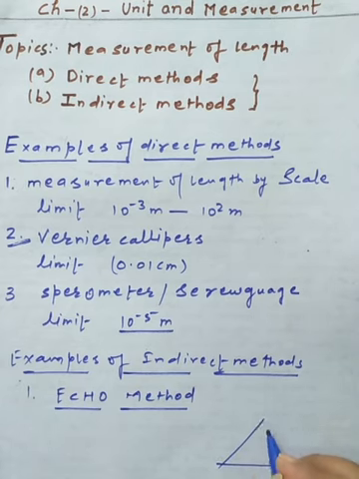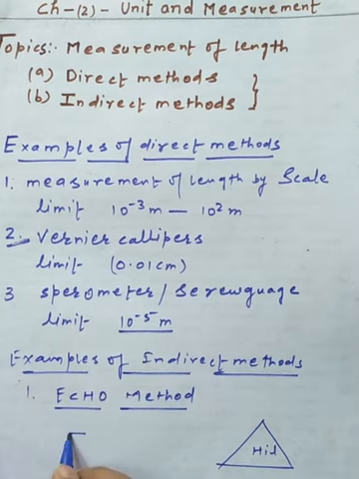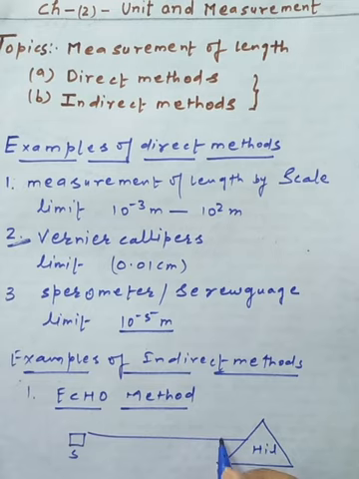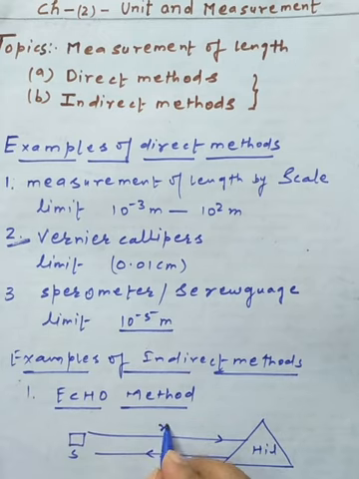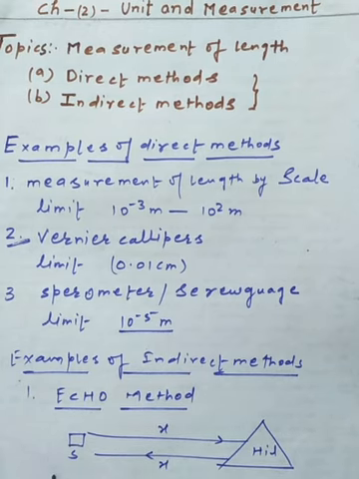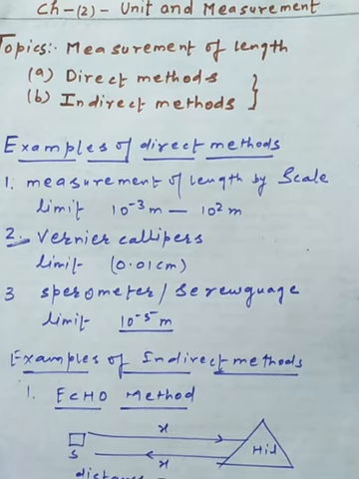Now this is the kind of hill we have, and we are producing the sound. This one is the source. The sound travels towards the hill, and further it comes back to the source by reflection. So we know that this is the distance x, and this is the distance x, and we use the simplest formula: distance is equal to velocity into time.